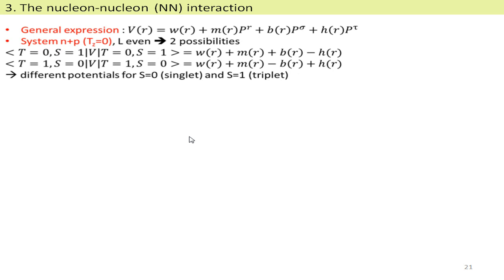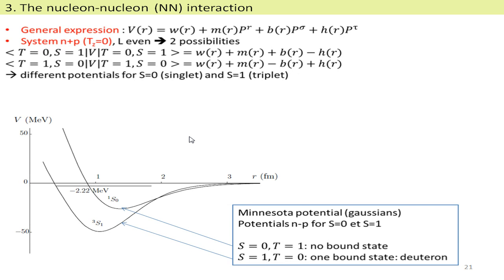So you can see that you have here two different functions according to whether you have singlet or triplet. And you have here a figure with the Minnesota potential, which is a combination of Gaussians. So these are the neutron-proton nuclear potential for S equals 0 and S equal 1.